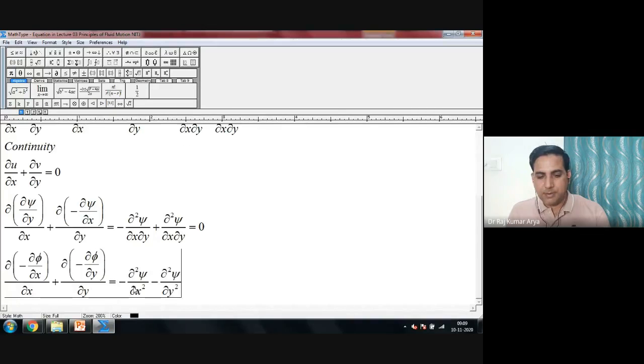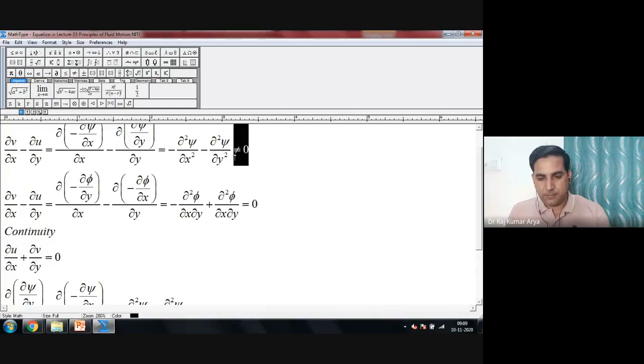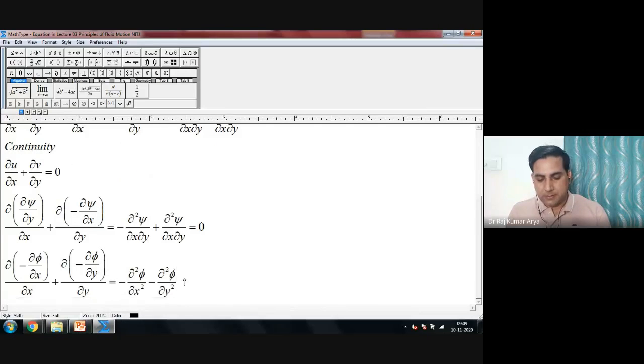With the place here minus sign, here this is your phi actually, which is not equal to 0. So these are the things you have proved from here, that your velocity potential satisfies your irrotational flow condition, stream function satisfies your continuity.